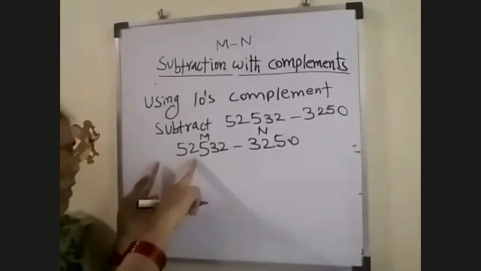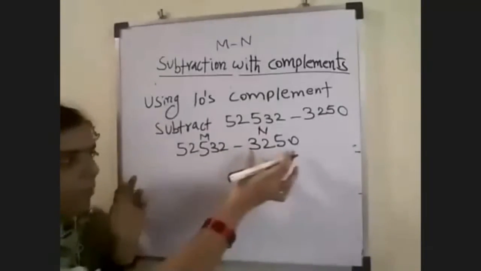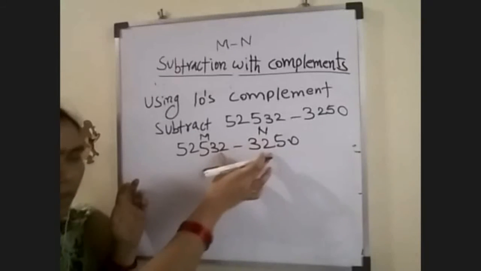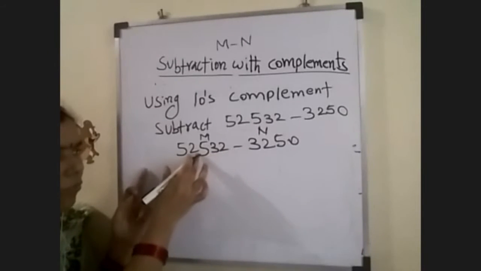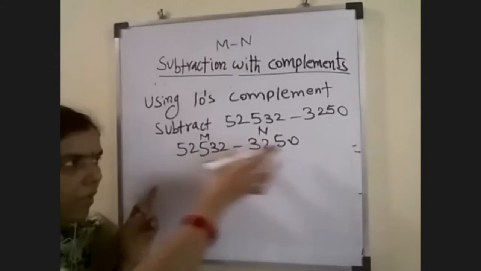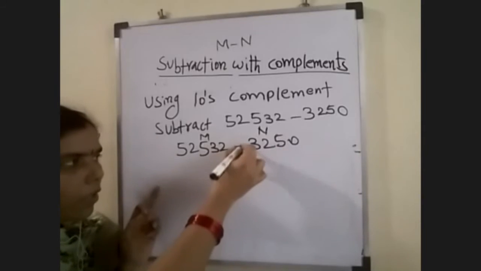First, you equalize the number of digits in M and N. Here how many digits? 1, 2, 3, 4, 5 digits. Here only 4 digits. We equalize the number of digits in minuend and subtrahend, and here you place 0 in front of this value.